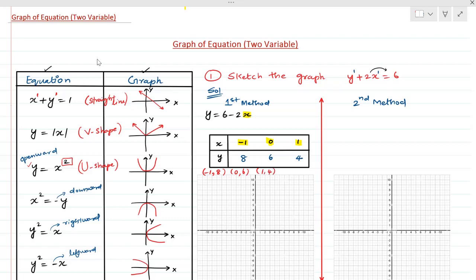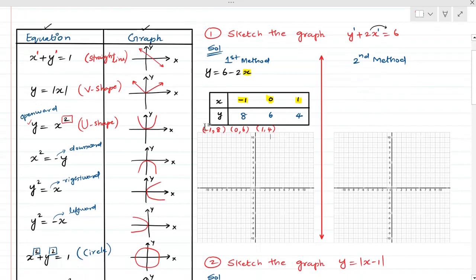Let us plot these points on the graph. First, x equals -1, y equals 8.